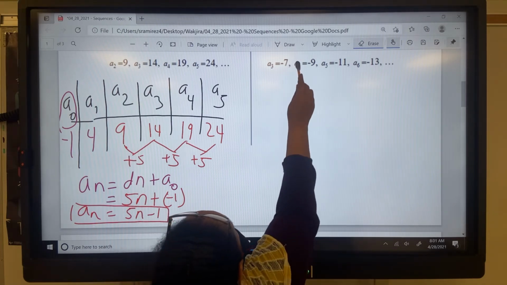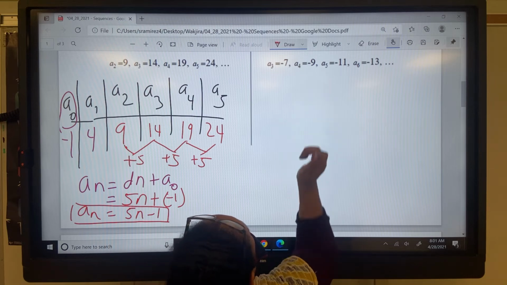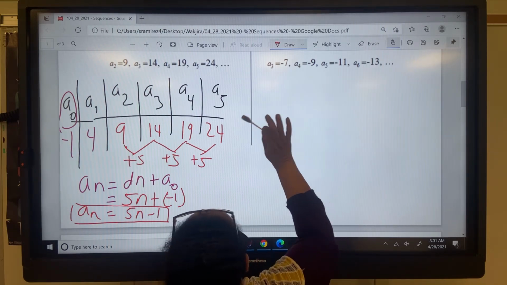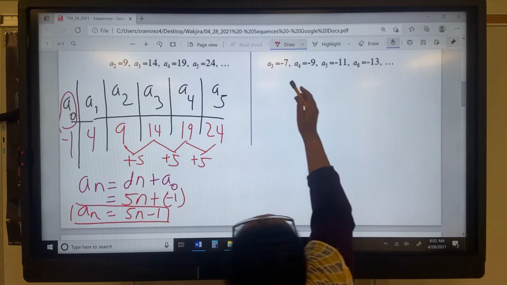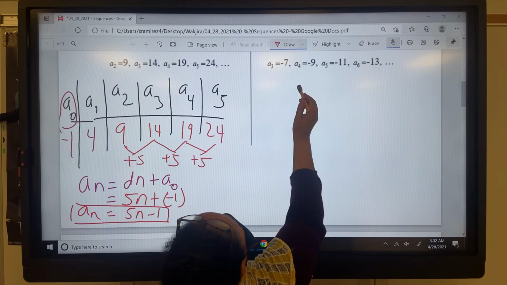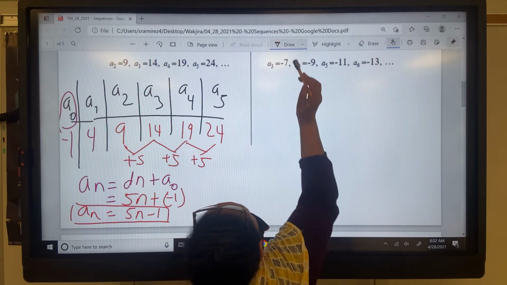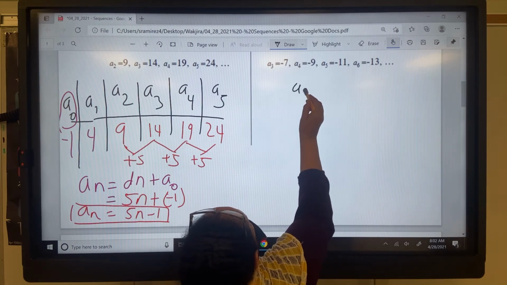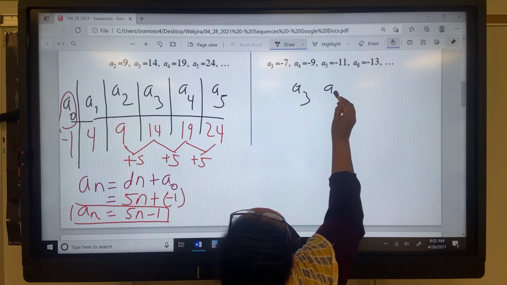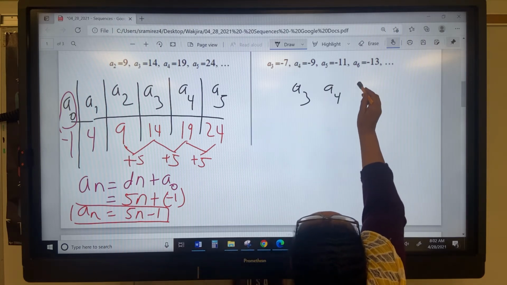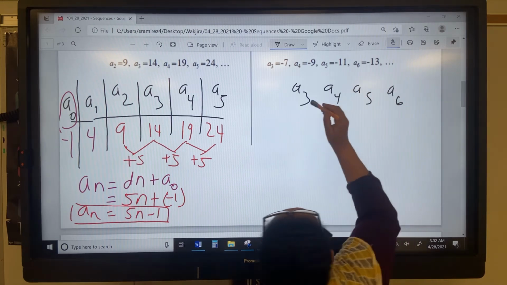Okay, right now we are given here a sub 3, a sub 4, a sub 5, and a sub 6. So as usual, we have to make our tables labeling what we are given here. A sub 3, A sub 4, A sub 5, A sub 6, that is given here.